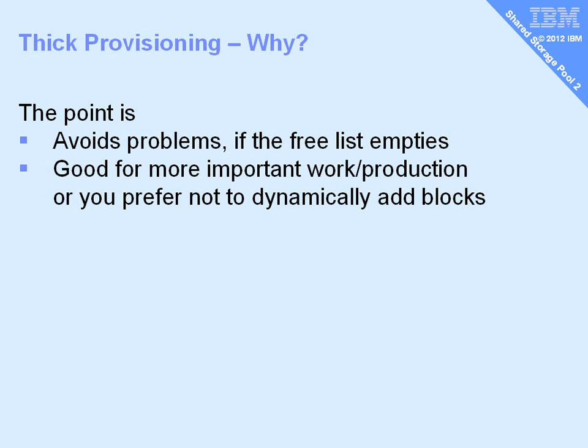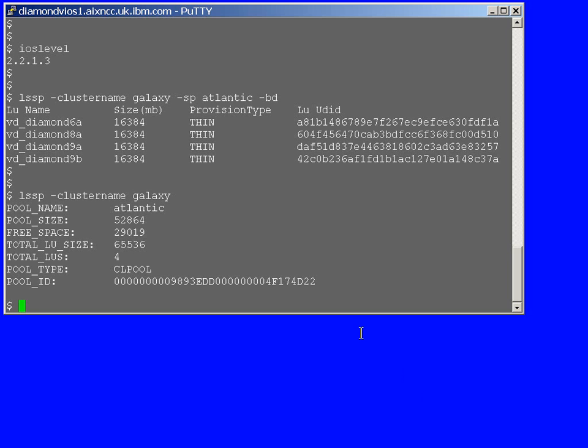If you want to avoid that problem, perhaps you have important production workloads, particularly things like databases, which will not be very happy about unexpected disk errors. Or perhaps you want to create 15 terabytes of disk space and you're immediately going to fill it up. Well, you might as well allocate it now rather than doing it on the fly as you write the various disk blocks. So let's investigate the pool size from my VIOS server here, part of my cluster called Galaxy.